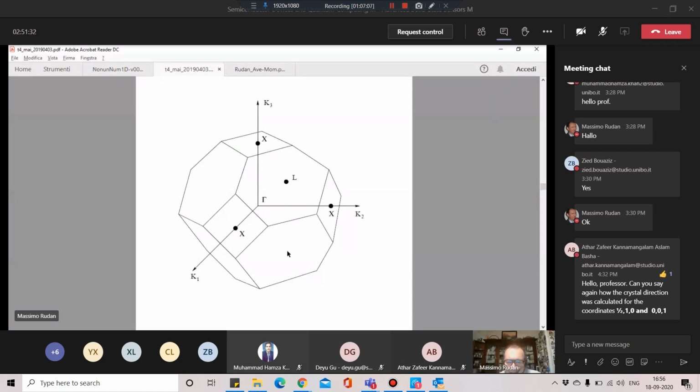You remember, we started a reasoning saying if the structure is periodic, we expect that its physical properties should be periodic. So we describe them by periodic function, and then we take the Fourier transform, or we make a Fourier expansion of these functions.